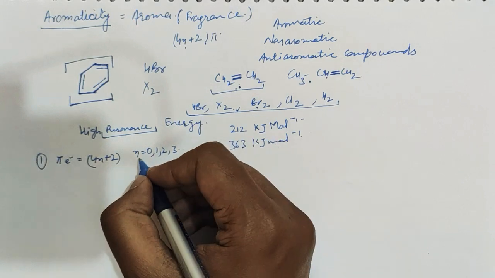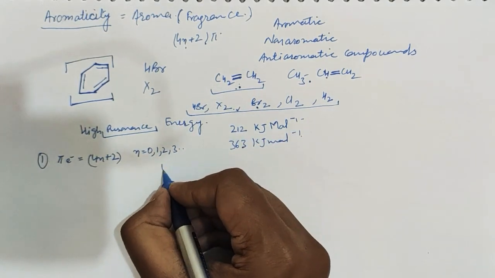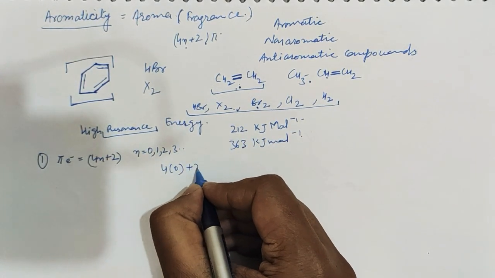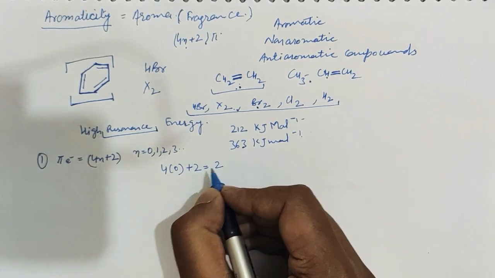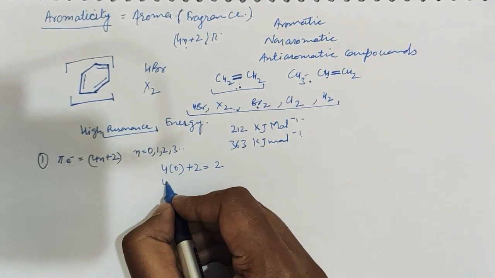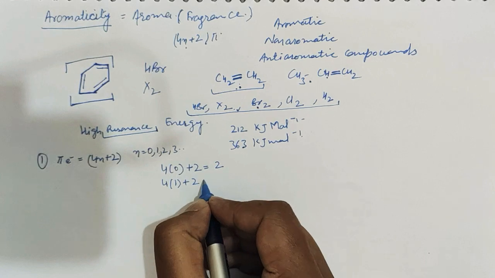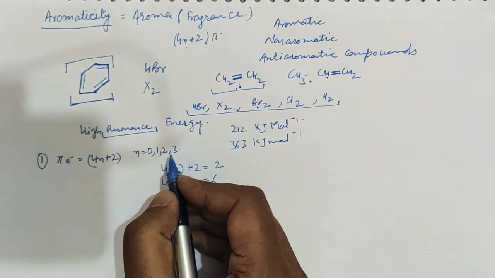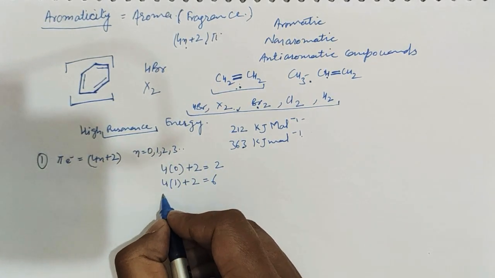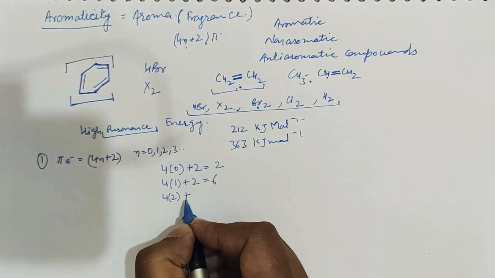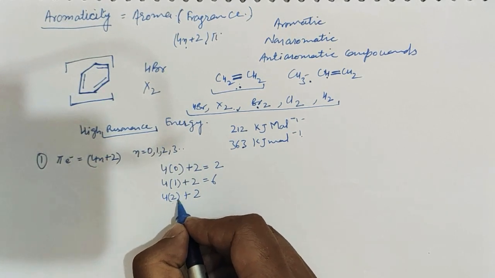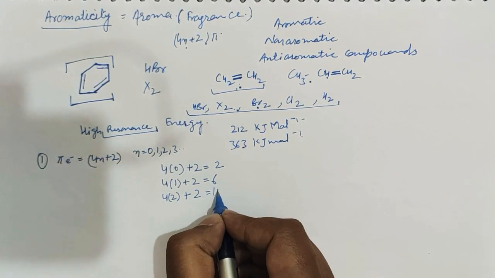If we put the value of n as 0, then 4n plus 2 is equal to 0 plus 2, which is 2. If n is equal to 1, it is 4 plus 2, which is 6. If n is 2, it is 4 into 2, 8, plus 2, which is equal to 10.